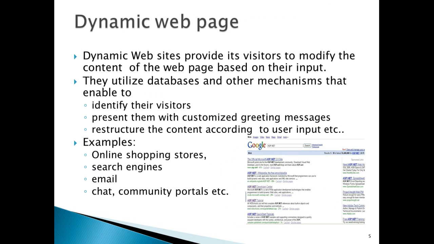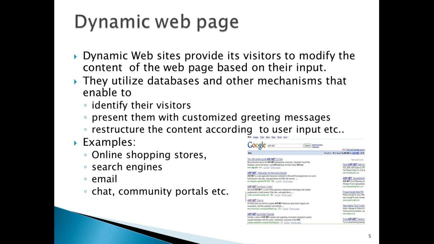Next, coming to the dynamic web pages. A dynamic web page modifies the content of the web pages based on the user's input. For example, we are taking google.com. When we search for some data, for example ASP.NET, in this image we are trying to search about ASP.NET on Google.